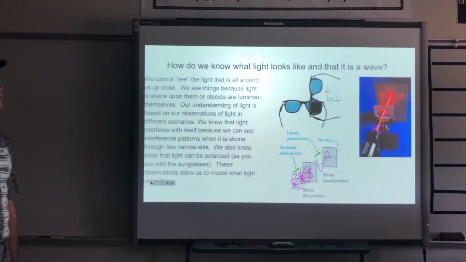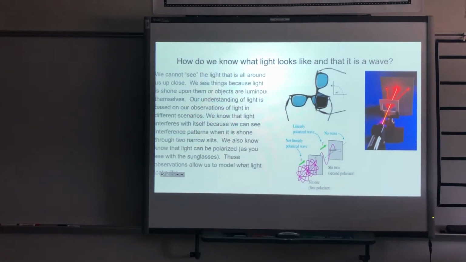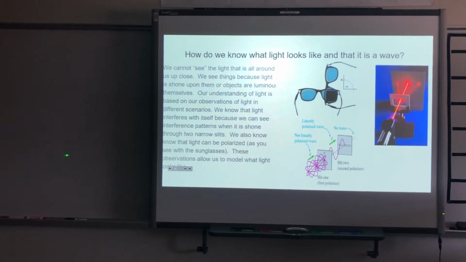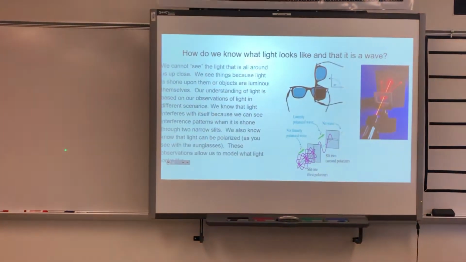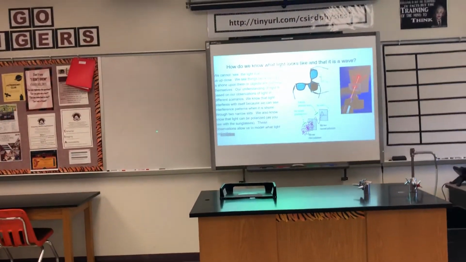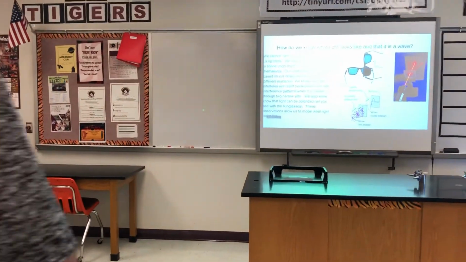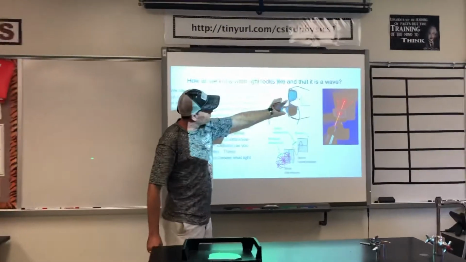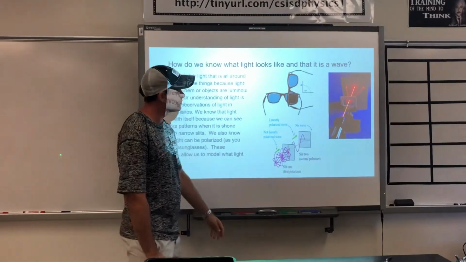All right, so another way you can test to see if light is a wave is with polarization. So I'm going to turn the light on in the classroom. And if you've ever played with polarized sunglasses, you will notice that if you rotate them 90 degrees relative to each other, you will get a full cancellation of the light.